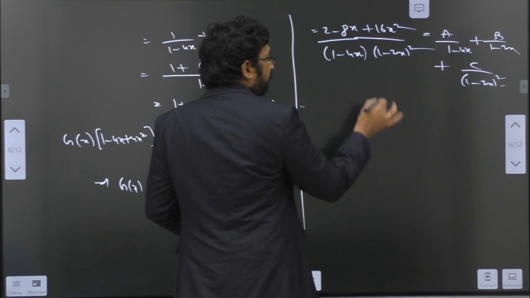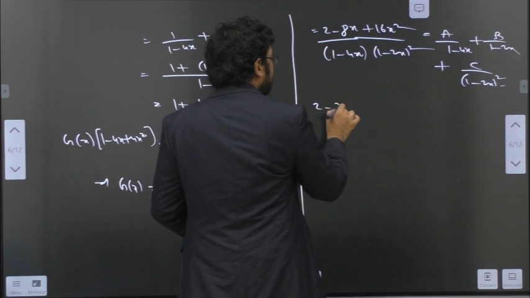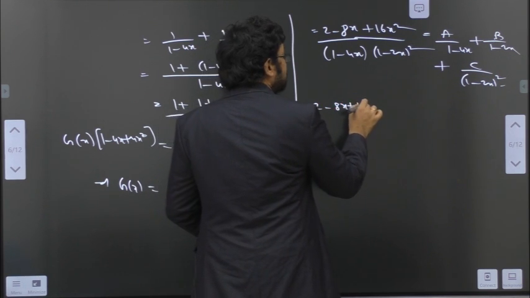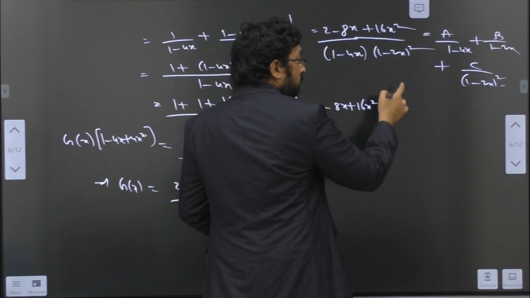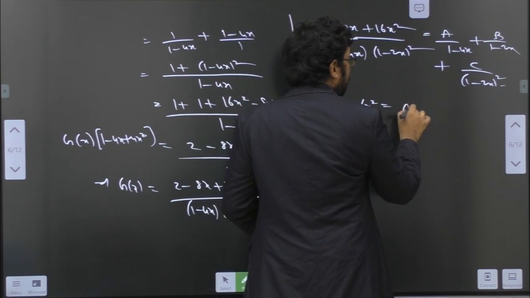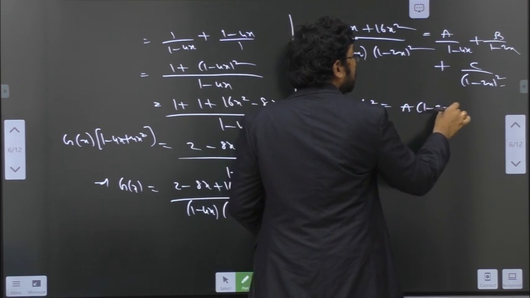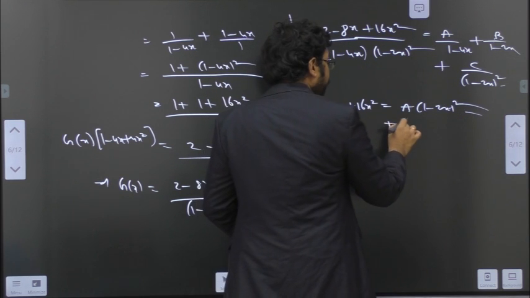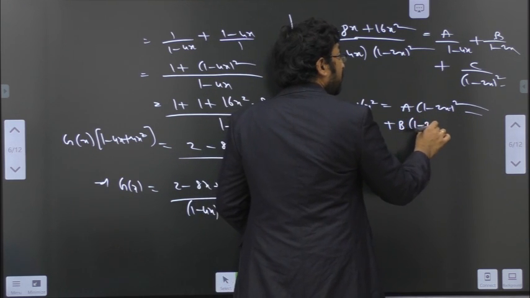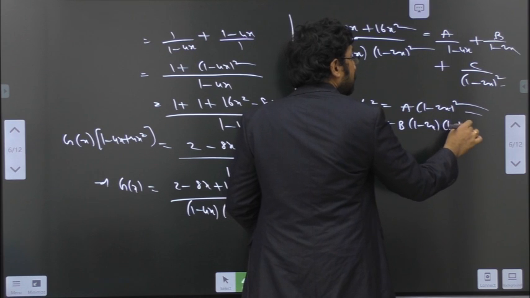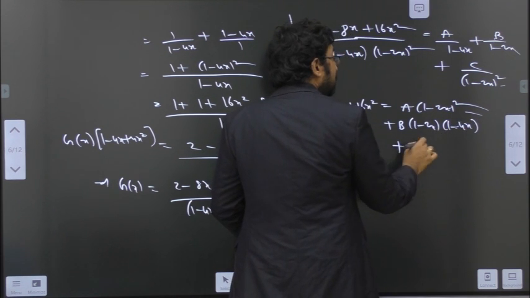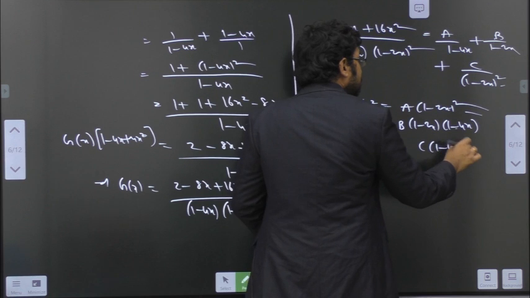So if you compare numerators, 2 minus 8x plus 16x square equals, if you take LCM here, a into 1 minus 2x whole square plus b into 1 minus 2x into 1 minus 4x plus c into 1 minus 4x.